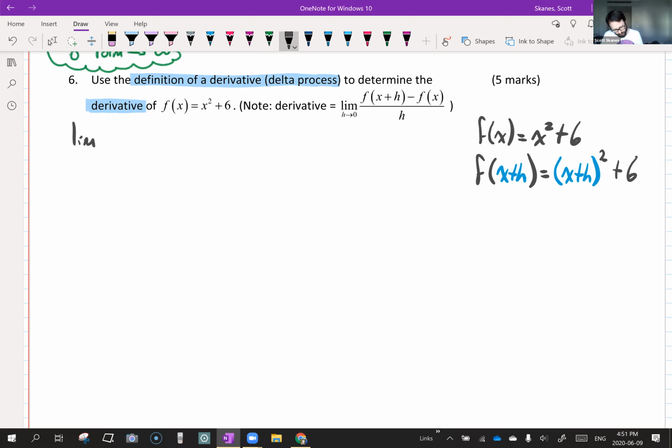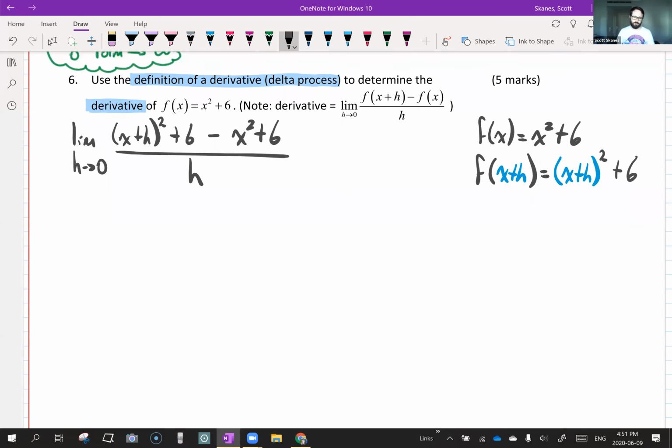Hopefully. So the limit as h approaches 0, I'm going to put in f of x plus h, this, plus 6, minus x squared plus 6, all over h. Now this is my chance, or your chance, to show me what I did wrong. I did one tiny little mistake here, and it makes a huge difference. You can't even solve the question unless you fix this mistake. Brackets. Yeah.